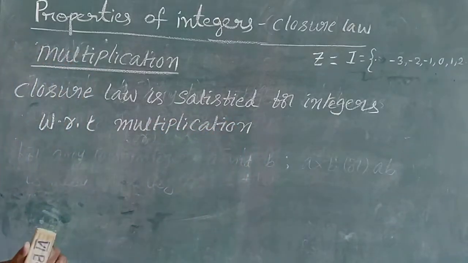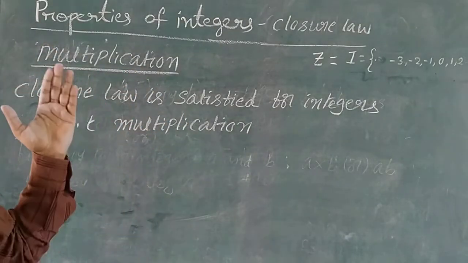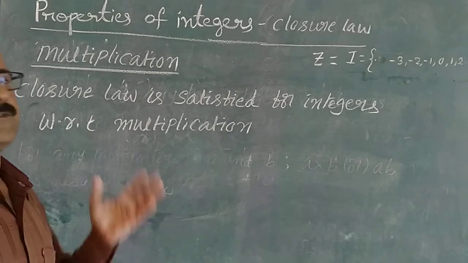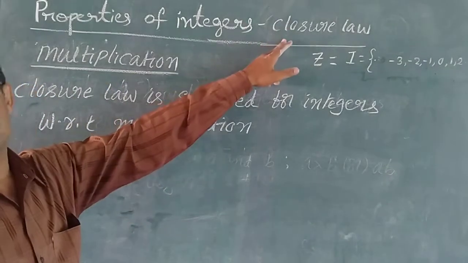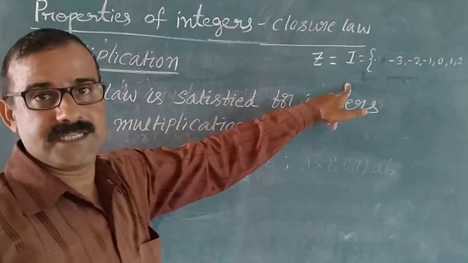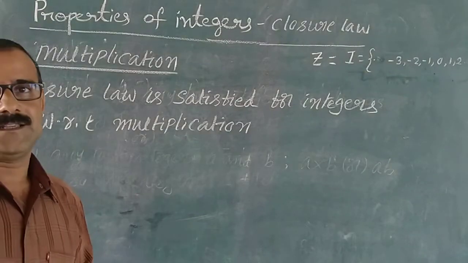So Closure law for integers with respect to addition is satisfied, with respect to subtraction is satisfied, with respect to multiplication is also satisfied. Which law? Closure law. For which numbers? Integers. Next, the fourth fundamental operation is division.